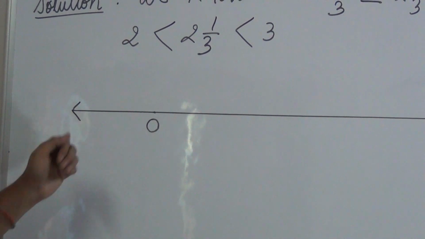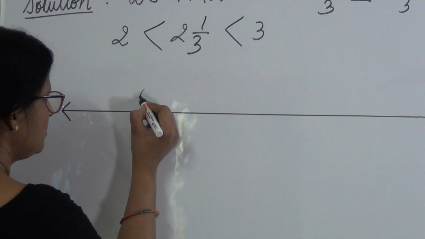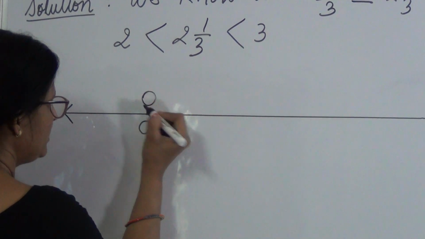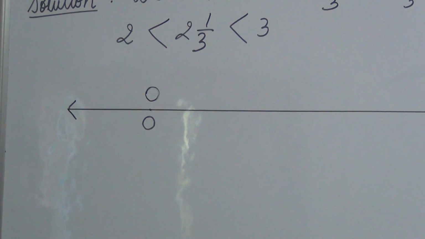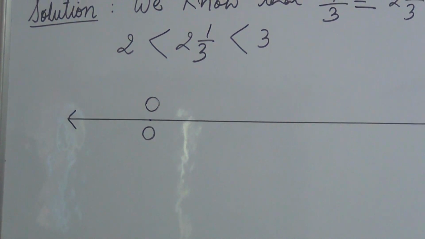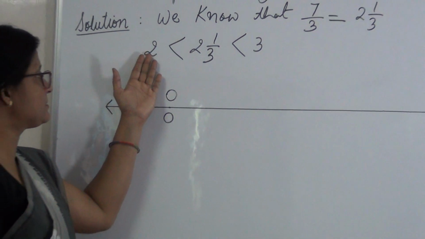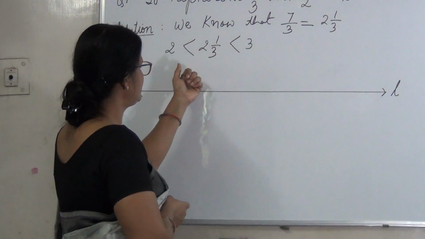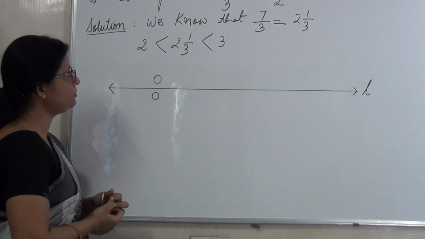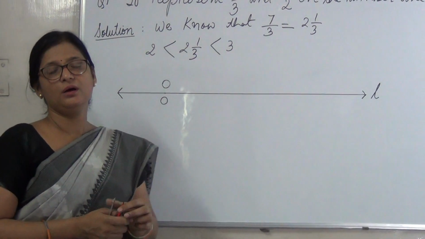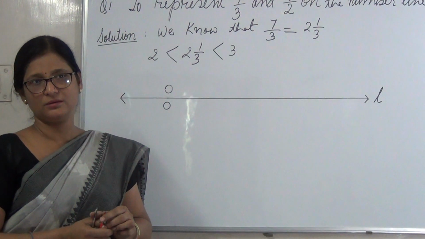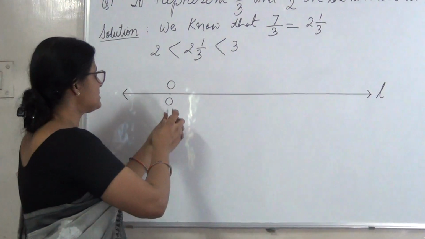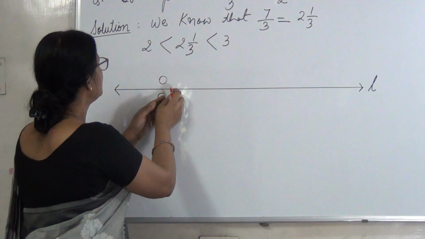So let us take a point O, which is 0 on the number line. Now since it is in between 2 and 3 and the denominator is 3, that means one unit has been divided into 3 equal parts. So let us put 3 marks.